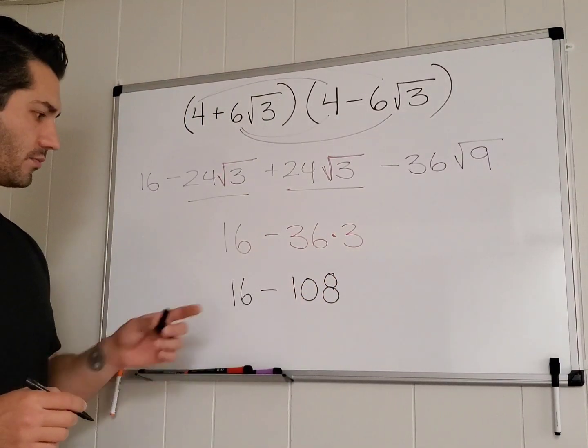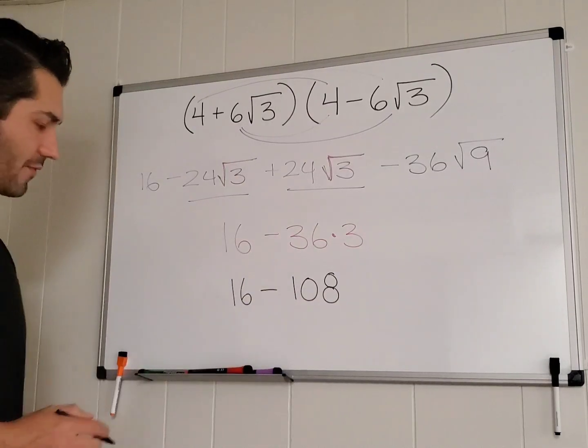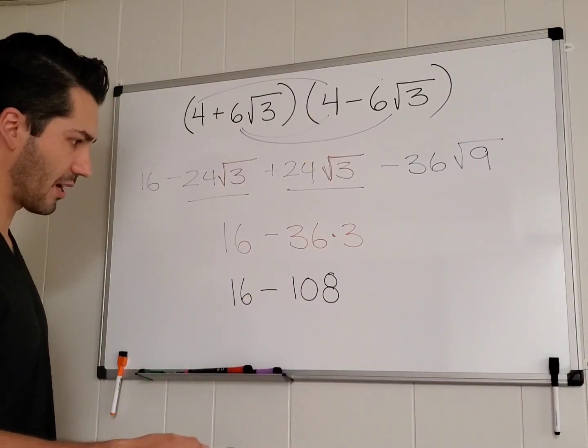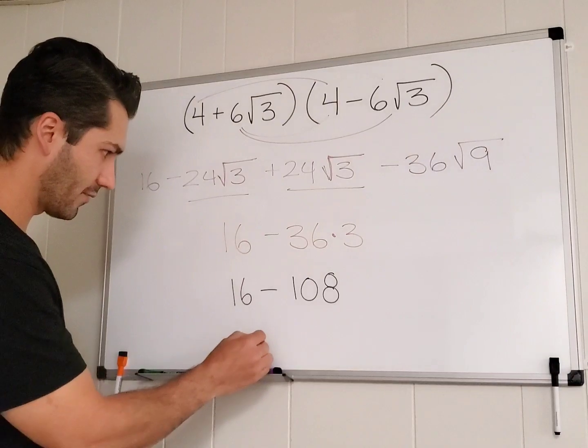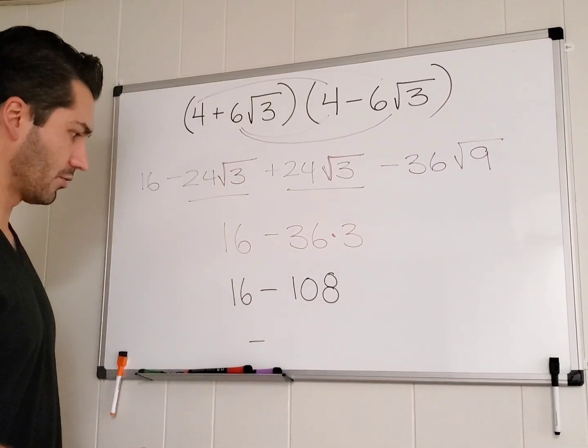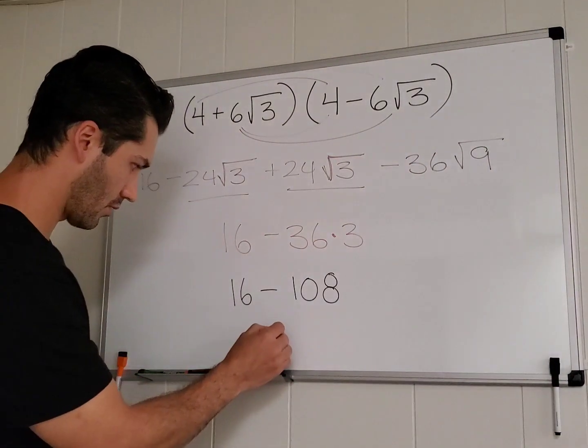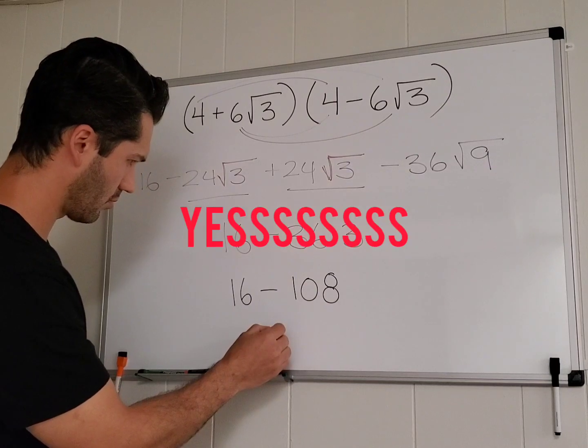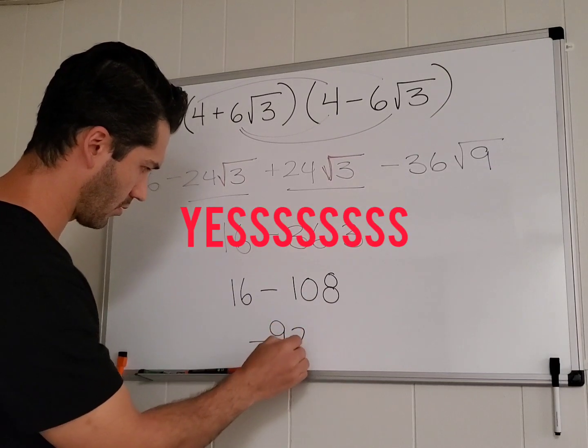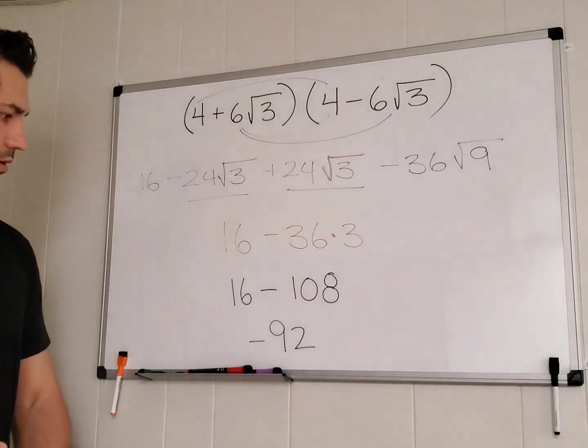Once you're there, different signs. When you have different signs, you subtract to keep the dominant sign. So this would be negative. Where am I at? 92? And you're done.